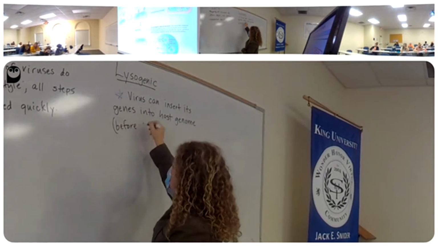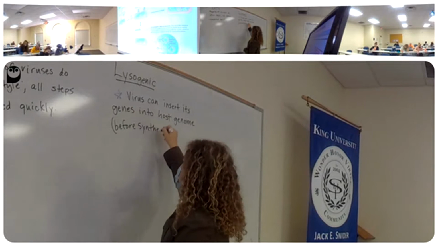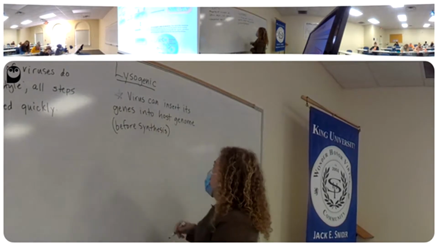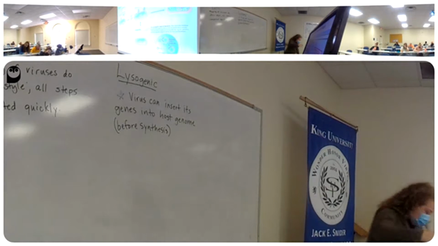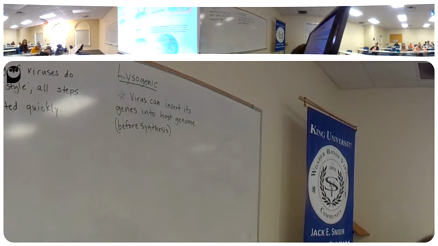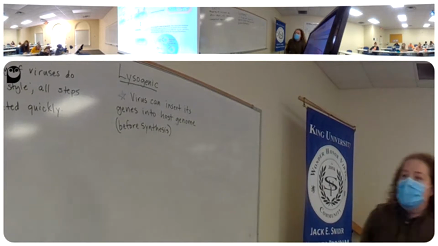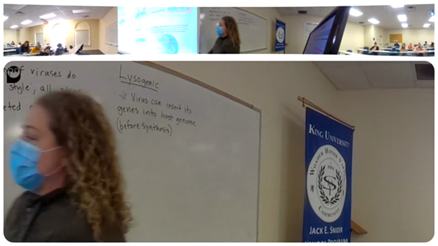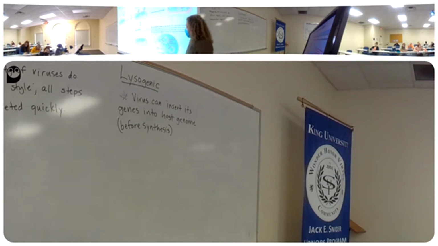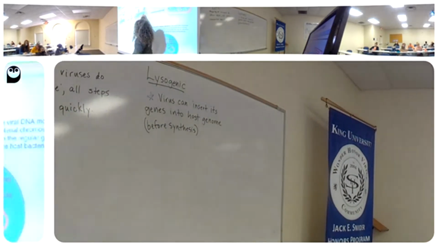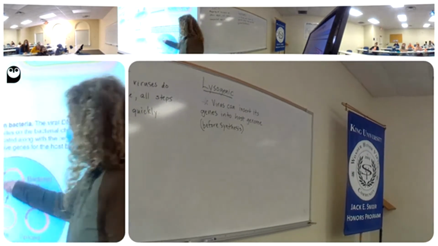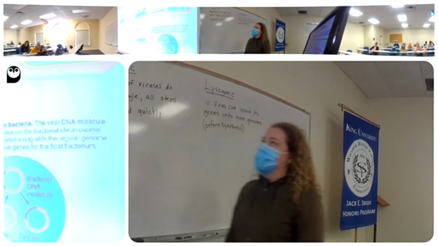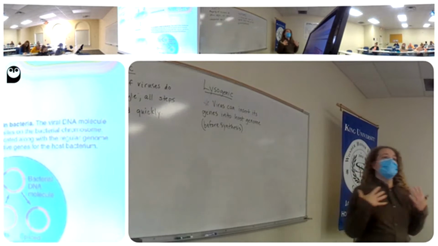And this is usually going to happen sometime before synthesis. So it attaches, it penetrates, but then before any viral parts get made, the viral DNA, which is dark purple here, combines together with the host DNA. And it becomes a part of your genome.